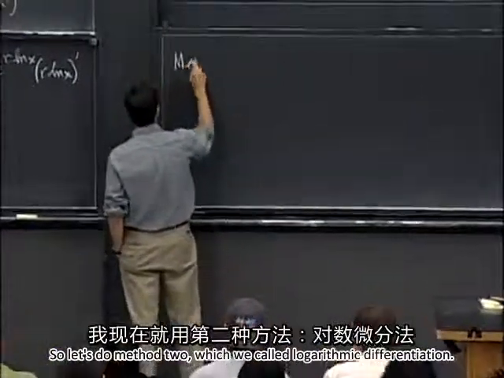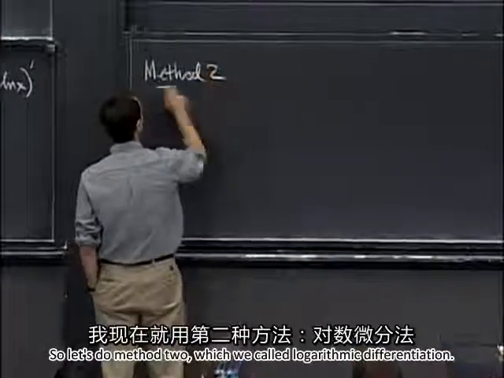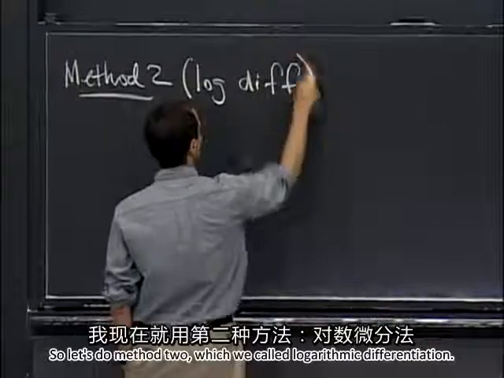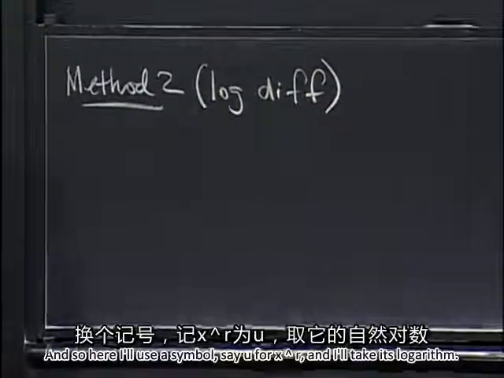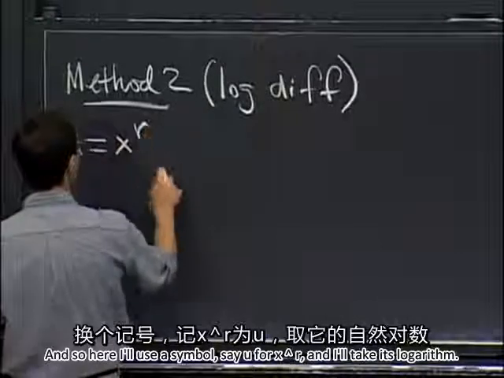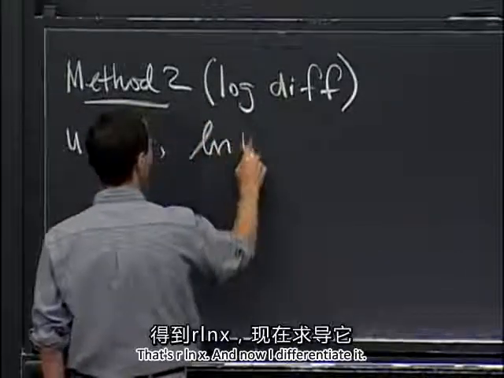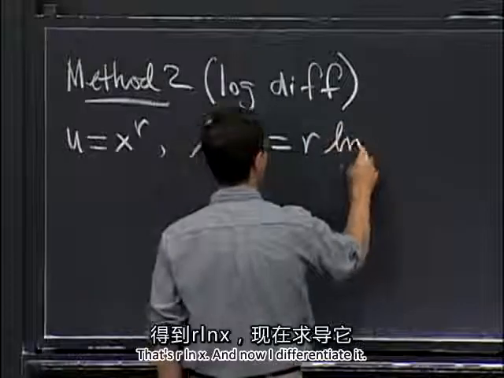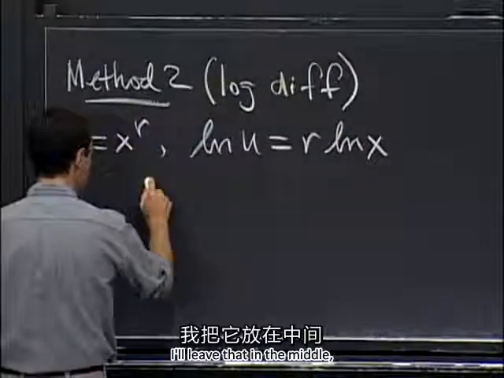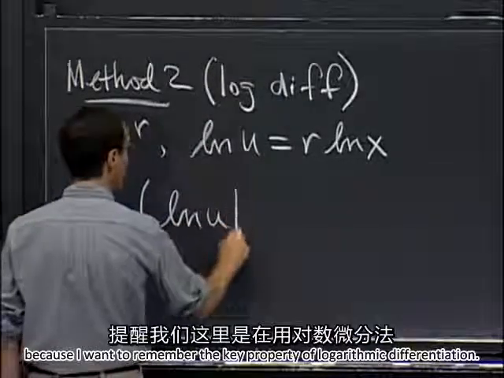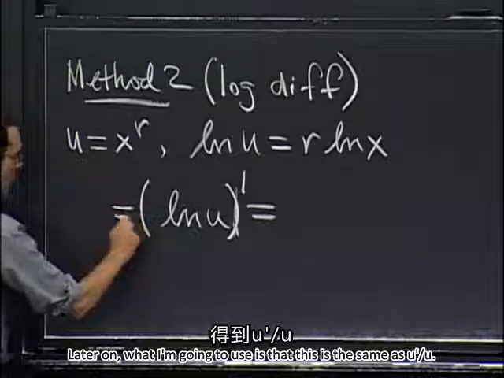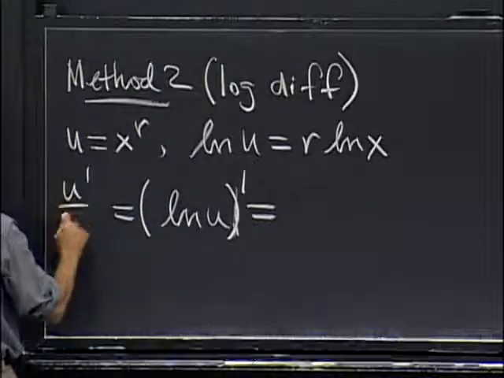So let's do method 2, which we call logarithmic differentiation. Here I'll use a symbol, say u, for x to the r, and then I'll take its logarithm. That's r log x. And now I differentiate it. I'll leave that in the middle because I want to remember the key property of logarithmic differentiation. Later on, what I'm going to use is that this is the same as u prime over u.